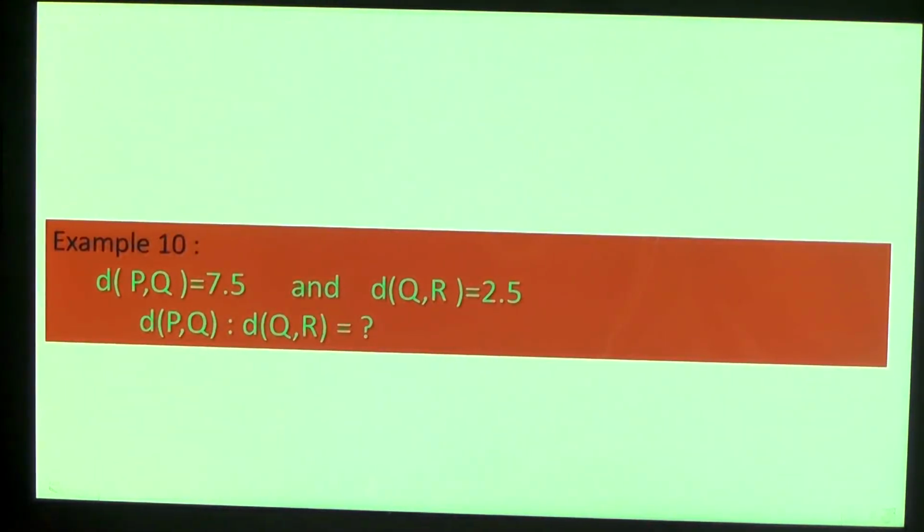Distance PQ equal to 7.5 and distance QR equal to 2.5. So find the ratio distance PQ as to distance QR.